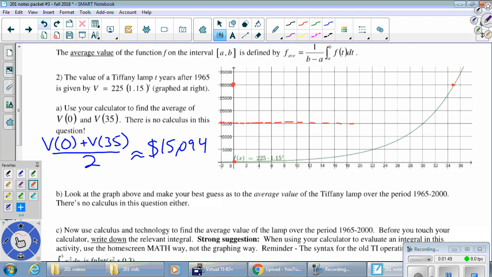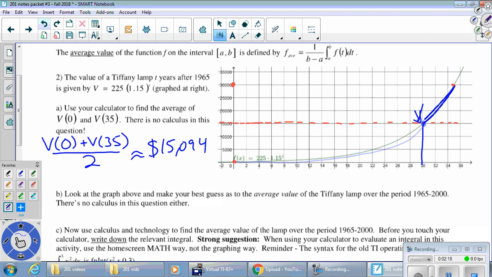And so the question is, is it fair to say that over the course of these 35 years, the average value of the lamp was $15,094? And I'm hoping you say no, because look, for almost the entirety of this 35-year period, up until here, the value of the Tiffany lamp was decidedly less than 15,000. For 30 of the 35 years, the Tiffany lamp was less than 15,000.